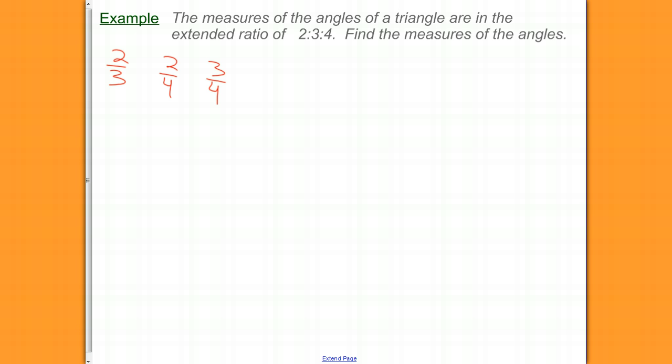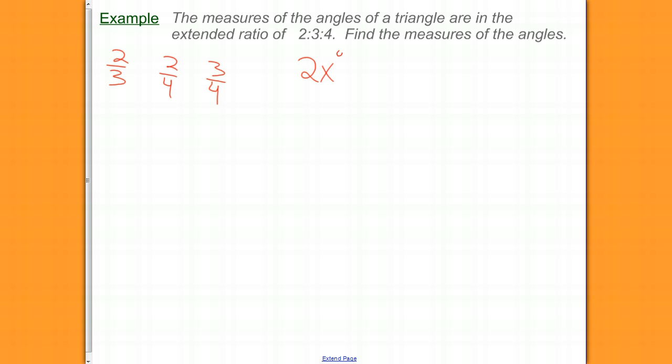We don't have angles of 2 degrees, 3 degrees, and 4 degrees. That's not going to give us a triangle because 2 plus 3 plus 4 is not the 180 degrees that the angles of a triangle should add up to. So the key to this problem is: what is that common factor that was canceled out? We're just going to throw an unknown factor of x on there.